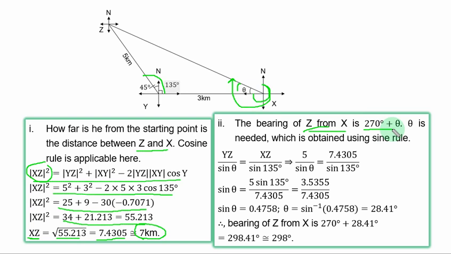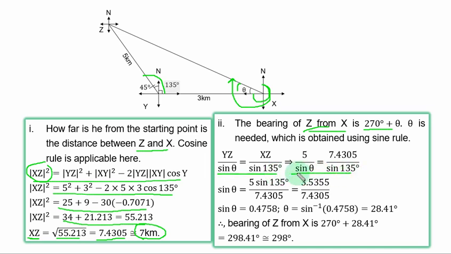Theta is needed, which is obtained using the sine rule. The side facing theta is known, this angle is known, and this side is known. So you can use the sine rule stated in this form, and you have it in this form.